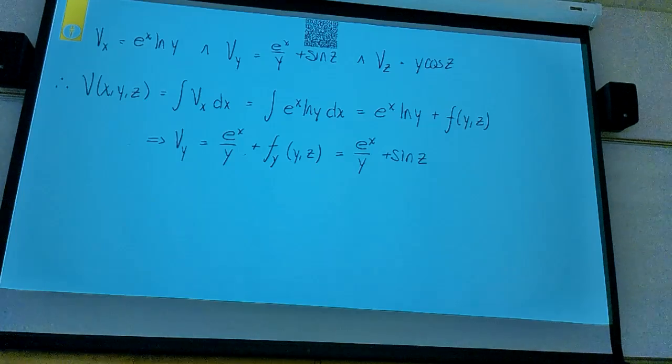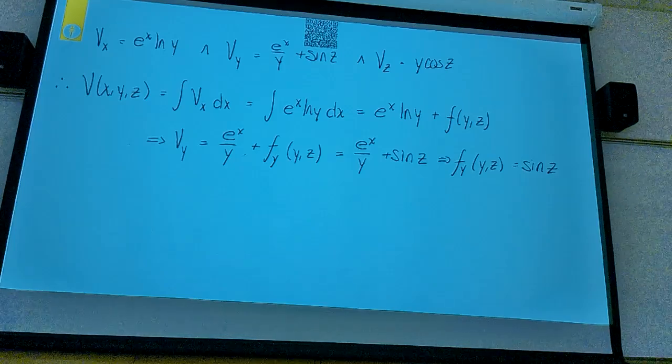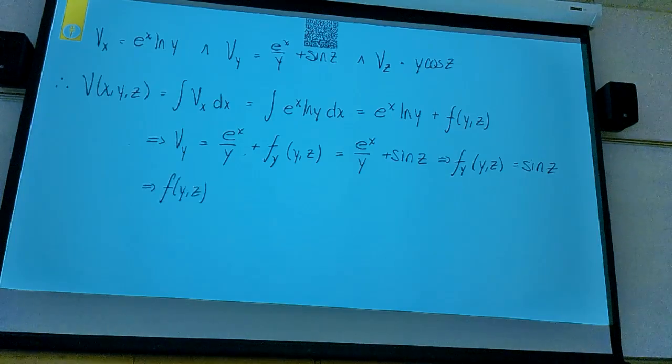Oh, look. That means that the partial of f with respect to y has to be sine of z, right? Then what's f? It would just be the antiderivative with respect to y, wouldn't it?